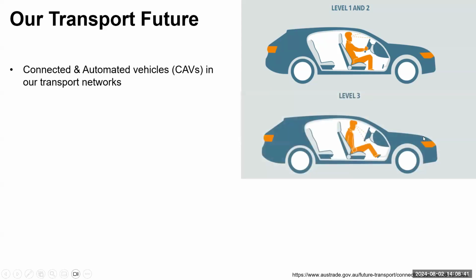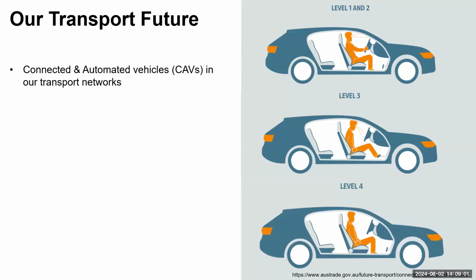When we talk about connected and autonomous vehicles, there could be different levels of autonomous features. It could be just adaptive cruise control or lane assist, auto steer, and things like that. As we progress in automation, there might be different levels, where you don't always have to have your hand on the steering wheel, and it could go fully autonomous.